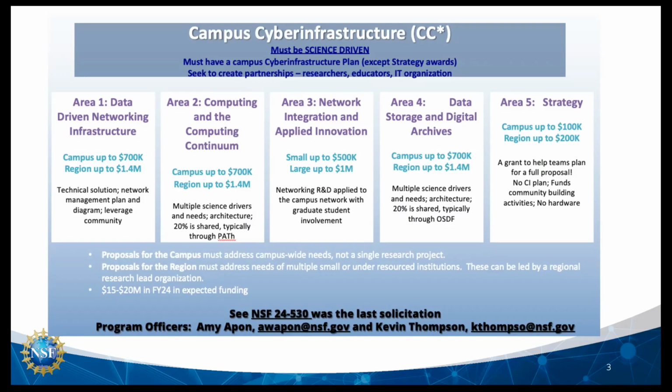Area 3, I'll just skip to that in a moment, has always been more about the applied networking R&D applied to campus networking, more of an experimental piece. And it's run by a different part of NSF called CNS. But some great things have come out of that. A lot of SDN work, initial SDN deployment on campuses were supported out of that area in the 2010s.